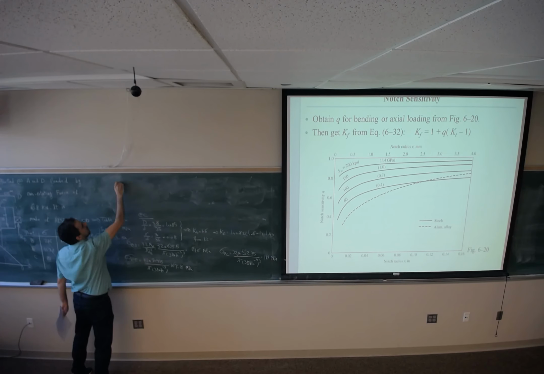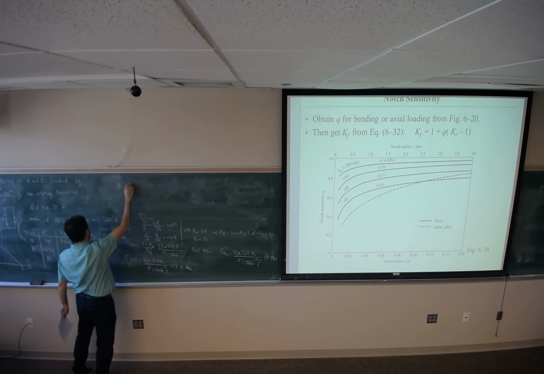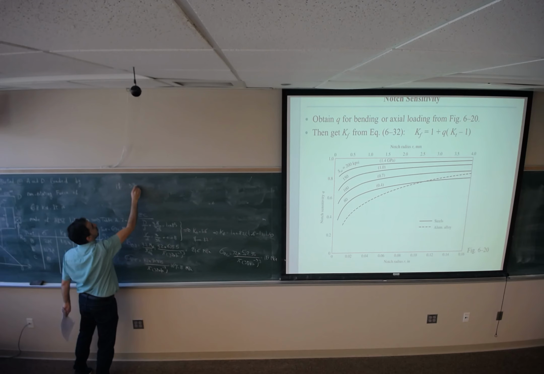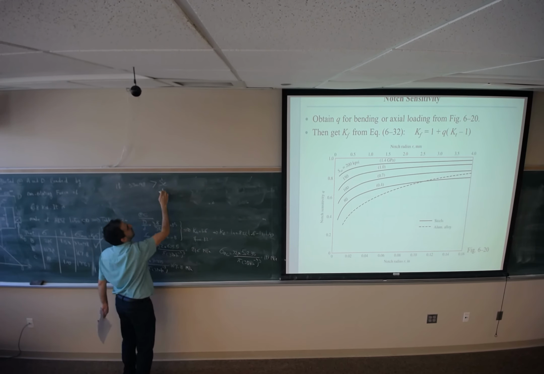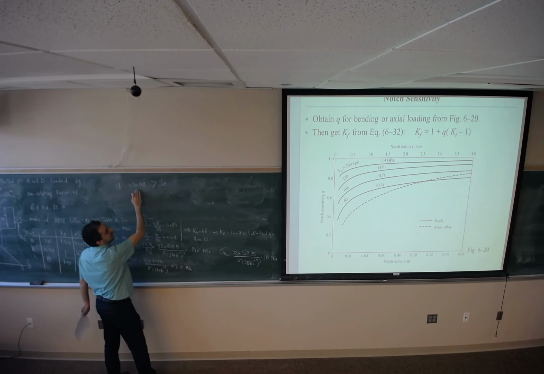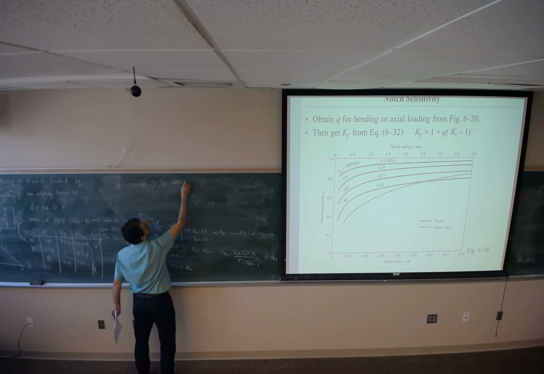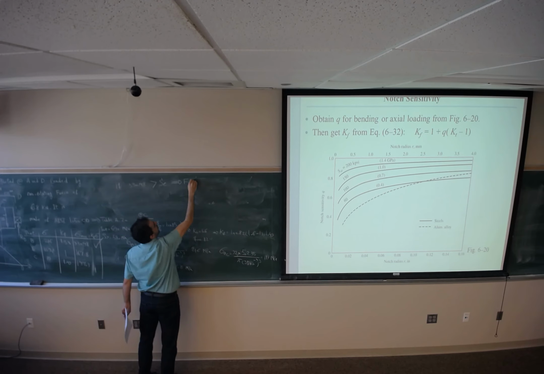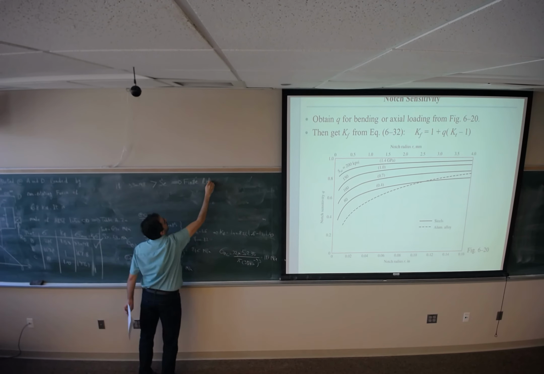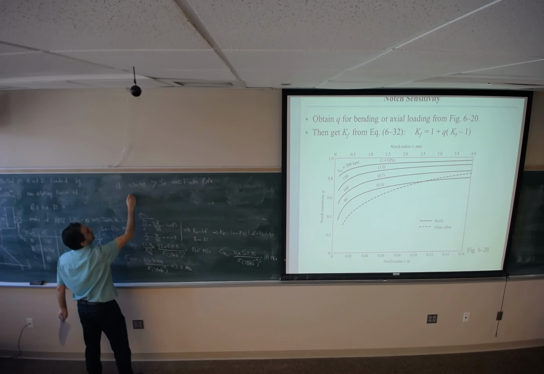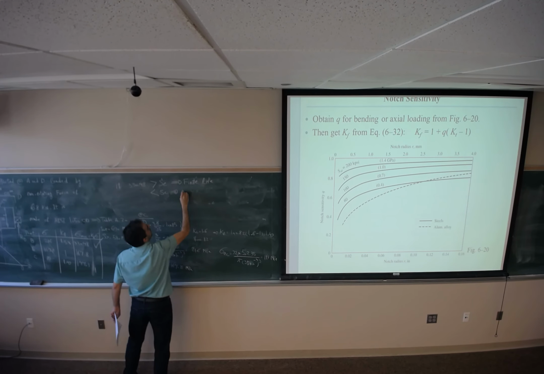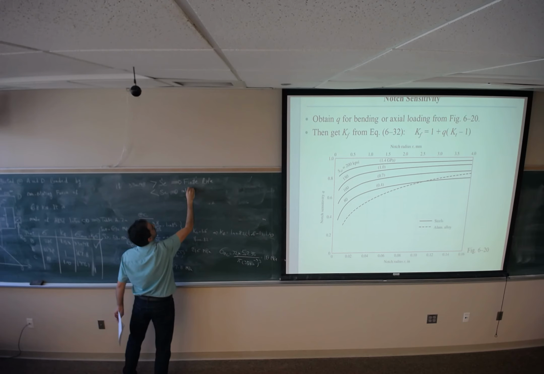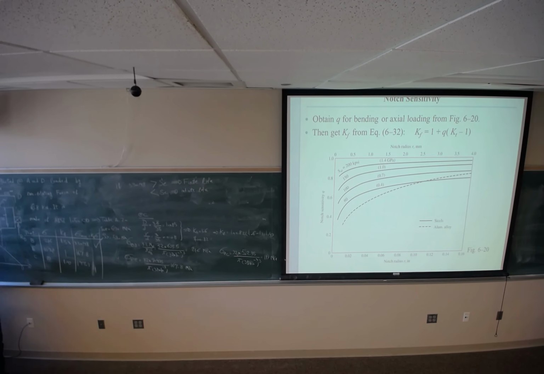If 330.48 is greater than SE, the endurance limit, if the stress is greater than this, we have finite life. But if it's less than SE, this shaft is running forever with no failure.